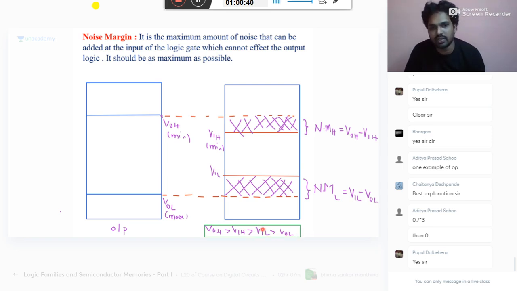Okay, so VOH is always greater than VIH, greater than VIL, greater than VOL. This is the important relation. Earlier they have given it in ES also. It is obvious also.